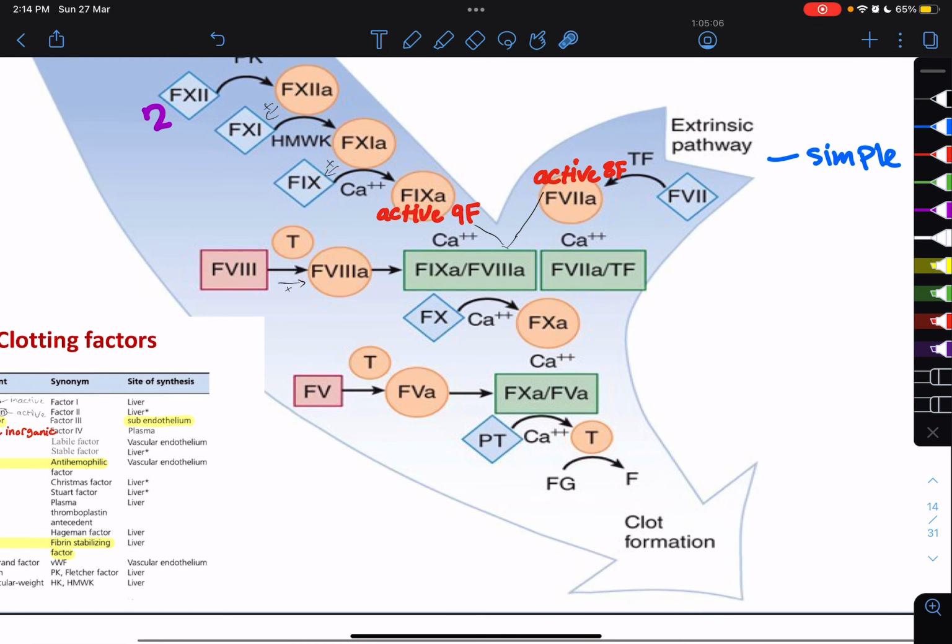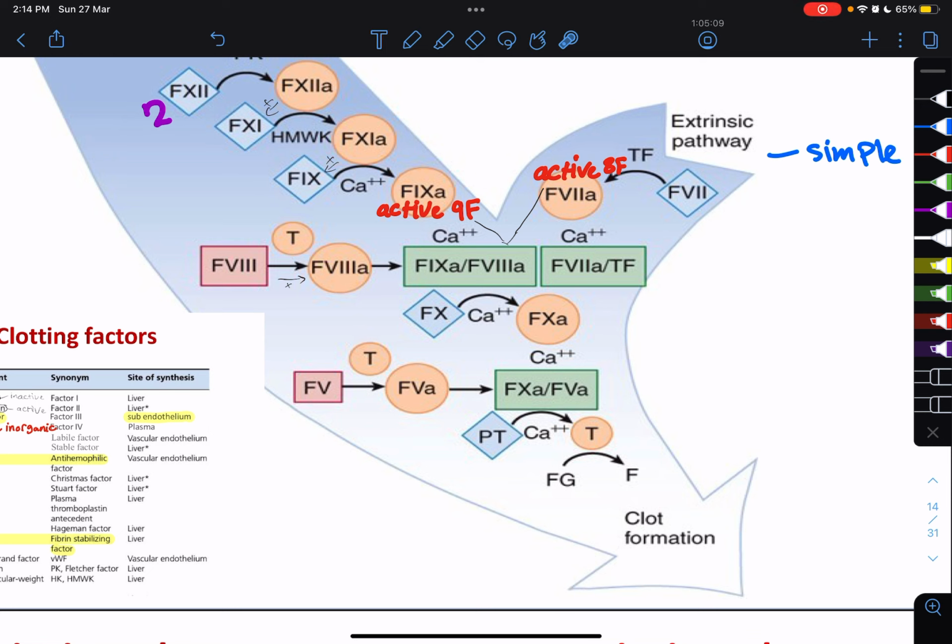This is prothrombin. Factor 10A is formed. Factor 10A will attach factor 5A and calcium also, and it will become prothrombin activator. This complex is the prothrombin activator, the factor 10 complex. It's not only factor 10A. Factor 10A is the main component, but it also attaches factor 5A and calcium. 5A and calcium here, like this, and this becomes the prothrombin activator.